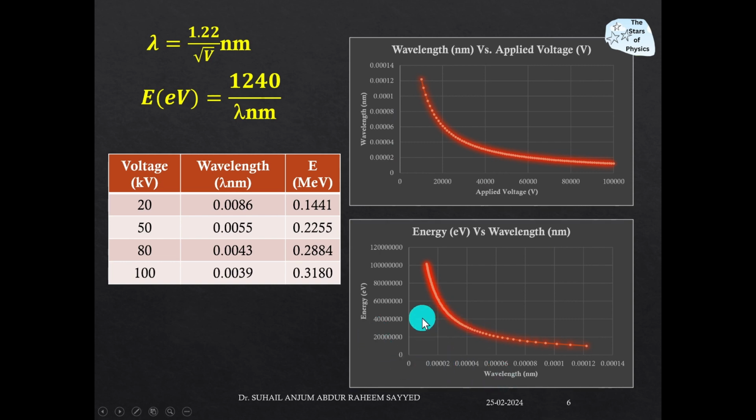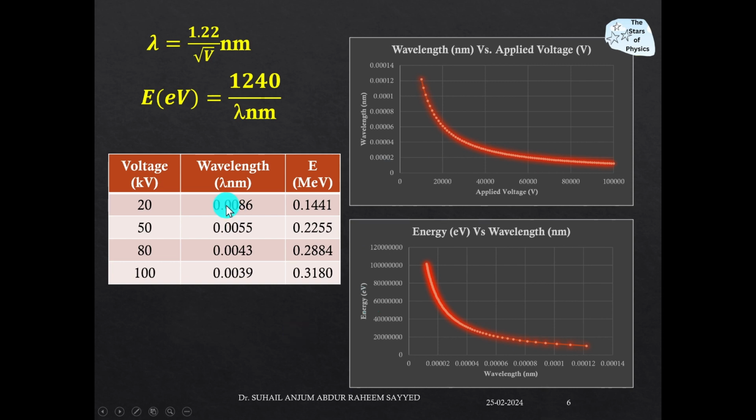As the wavelength goes on increasing, the energy goes on decreasing, and as the wavelength decreases, the energy increases. So they are inverse, because in these two relations they are inversely proportional. Here lambda is inversely proportional to root of V, and here energy is inversely proportional to wavelength. So this can be seen in these two graphs.